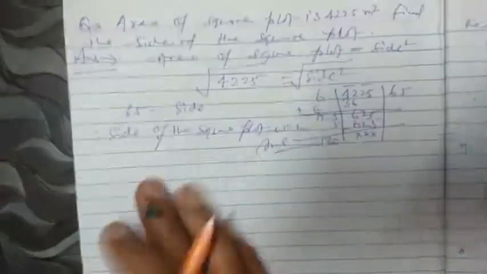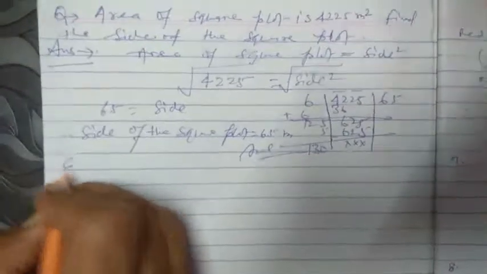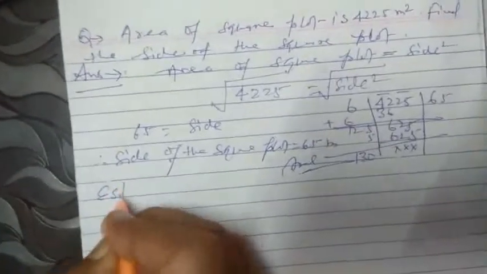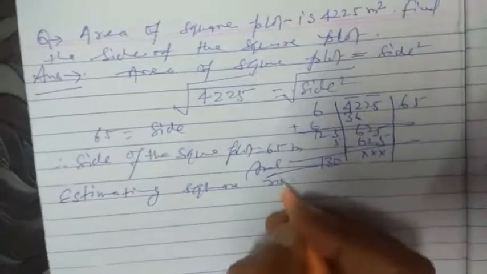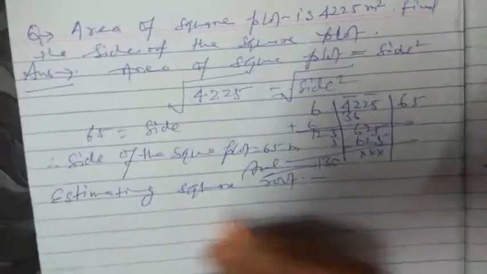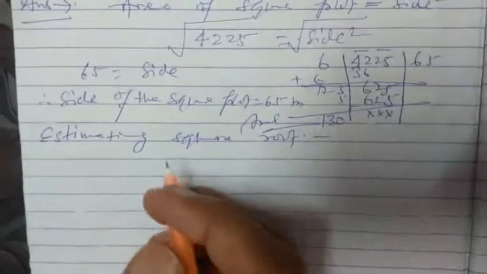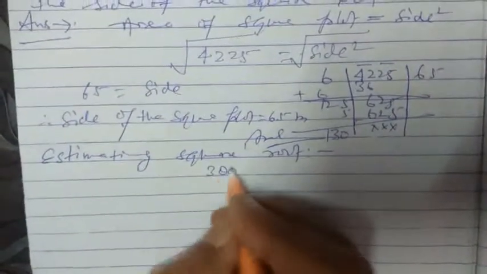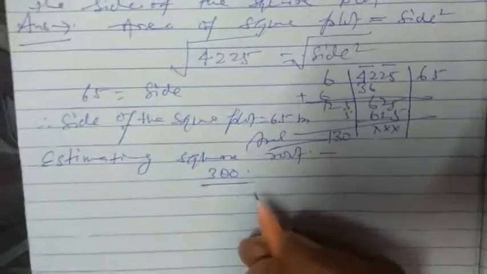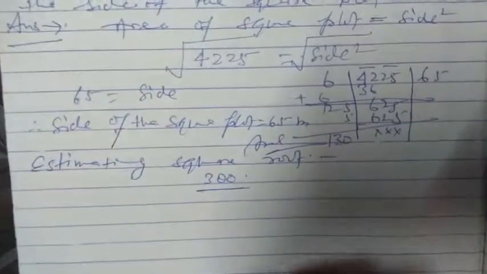Next is estimating a square root. Let us estimate the square root of 300.